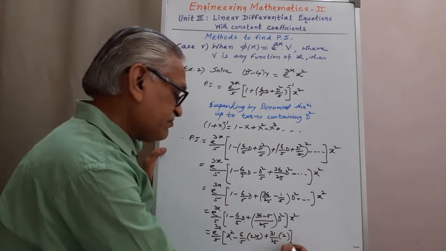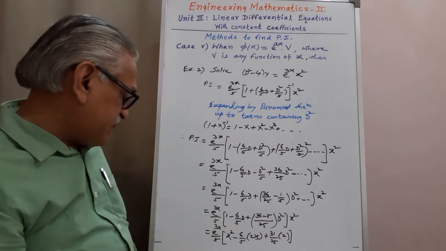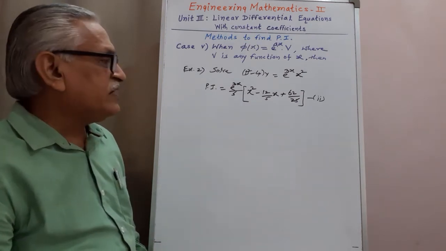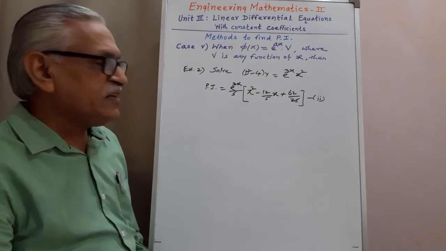We stop here, and then simplifying it we get that PI as e raised to 3x by 5 in bracket multiplied by x square minus 12x by 5 times x plus 62 by 25.